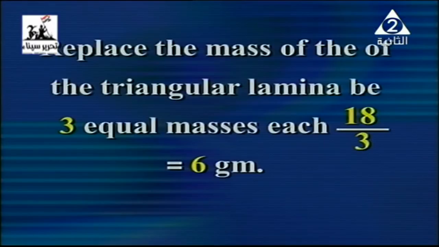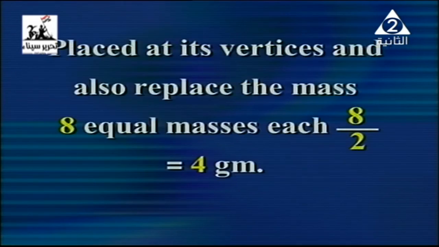Dear student, replace the mass of the triangular lamina by 3 equal masses, 18 over 3 equals 6 gram, 6 gram at each vertex. Also replace the mass 8 by 2 masses, each of them 8 over 2 equals 4 gram.